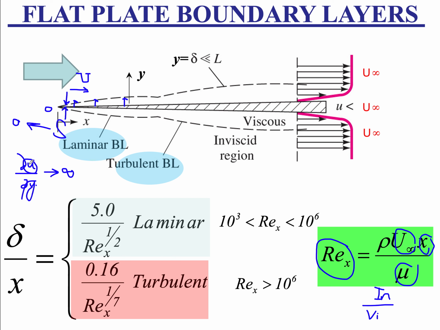The u scales with u infinity, and the y scales with the boundary layer thickness. As my boundary layer thickness grows, du dy gets smaller and smaller as I move further in x. So you get the point why it makes sense to define the Reynolds number for a flat plate based on x.